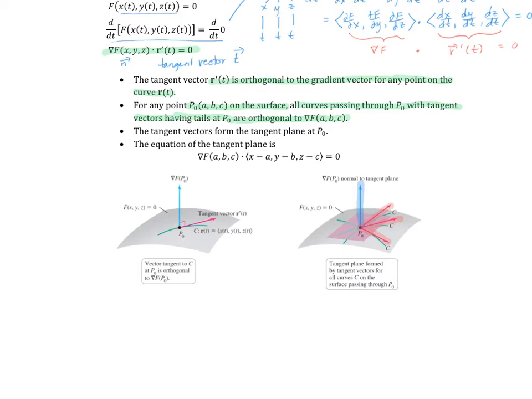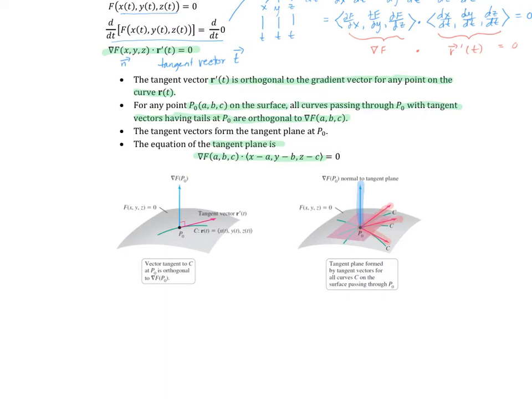And then we've already discussed that the equation of our tangent plane would be the dot product of the gradient, and this would be for any point A, B, C, and that's set equal to 0. So we'll go ahead and compute that dot product in just a little bit. But for now, we're looking at the equation of the tangent plane in vector form.